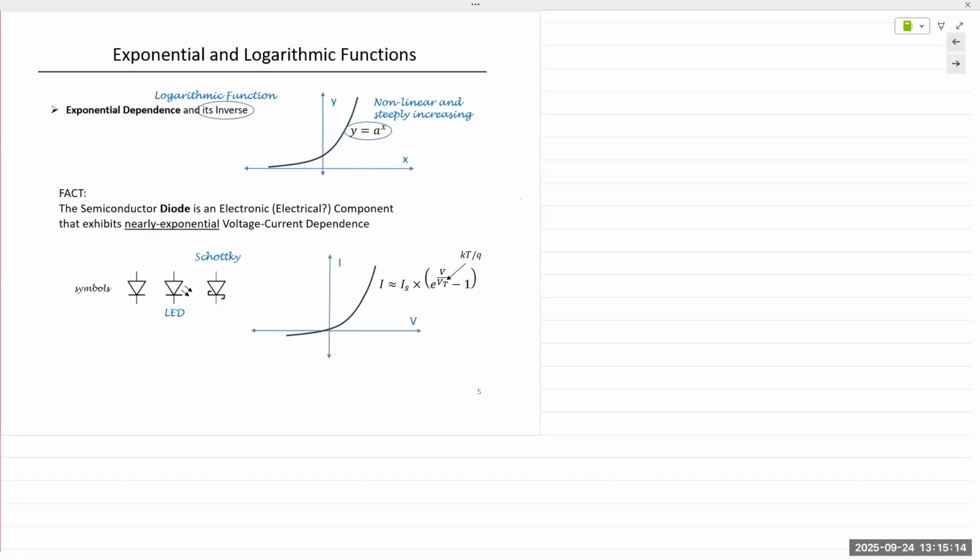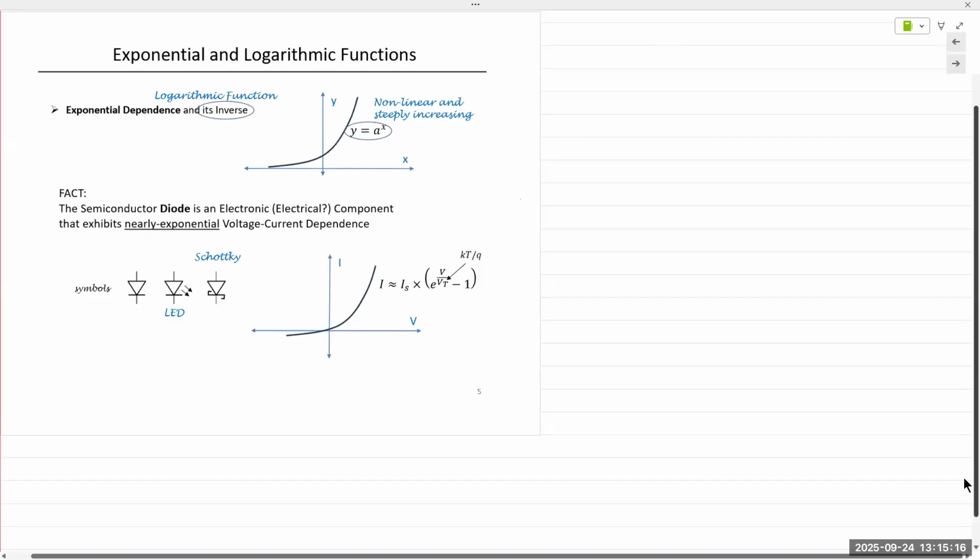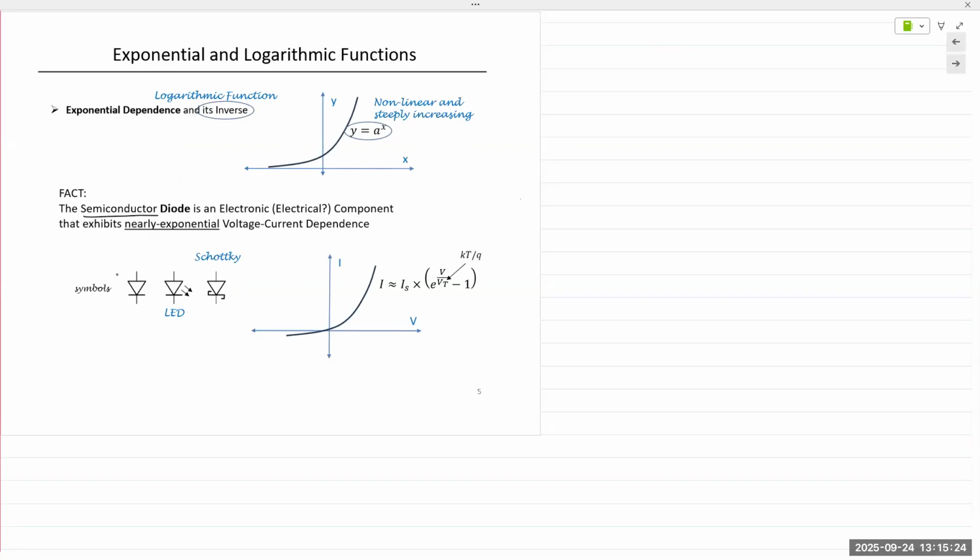All right. Then a couple of other examples of exponential and logarithmic functions. Semiconductor diode is a two-terminal device that is the most fundamental of semiconductor devices.